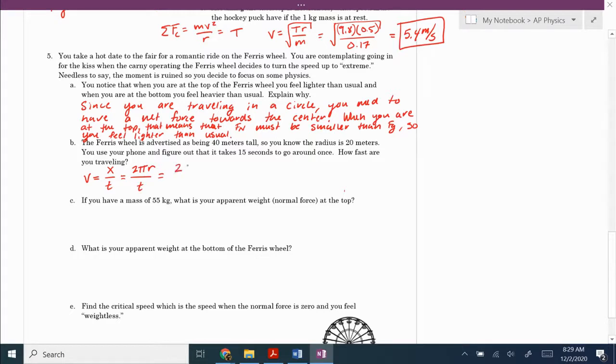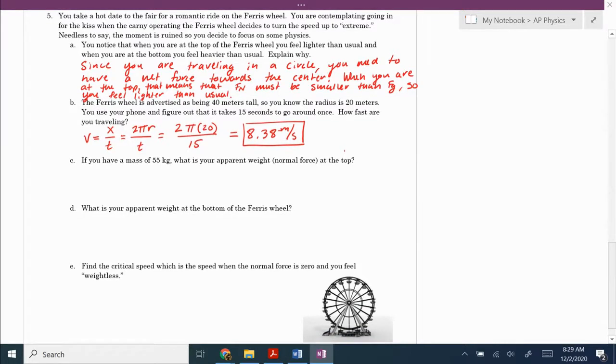So that's just going to be 2 times pi times 20 meters divided by 15 seconds. And you're going to get that your velocity is 8.38 meters per second. So there we go.